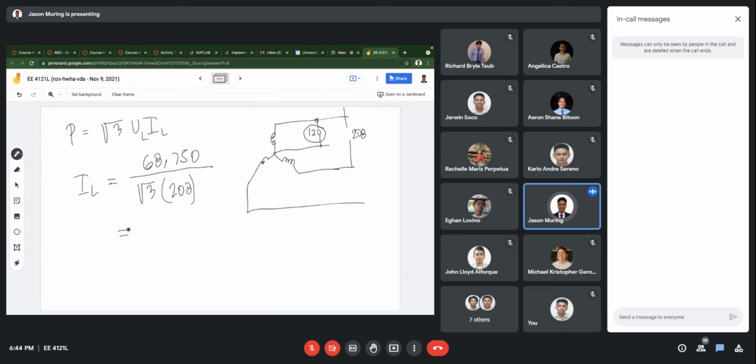So 68,750 divided by square root of 3 times 208. So I have here 191 ampere. This will be my load current, and this will be my basis now for the calculation of the size of this conductor, or the protection for this feeder.